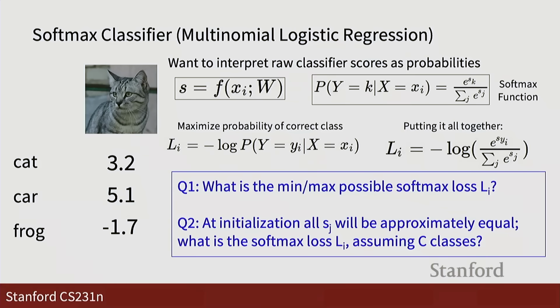When we initialize all of the Ws, in the beginning it's almost random, so the probabilities of each of the classes become mostly equal. What is the softmax Li, assuming we have C classes?